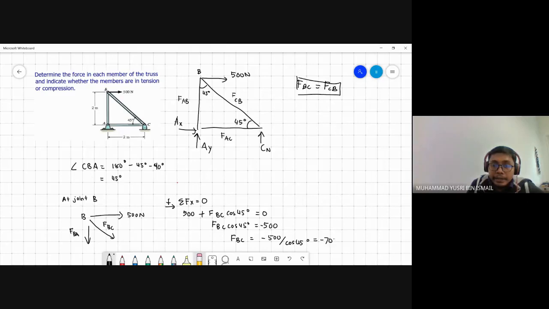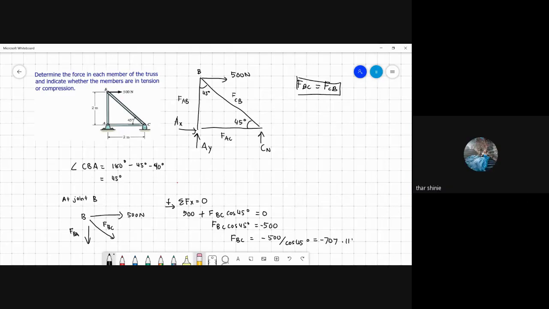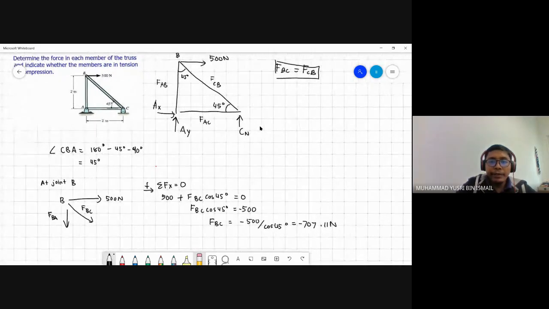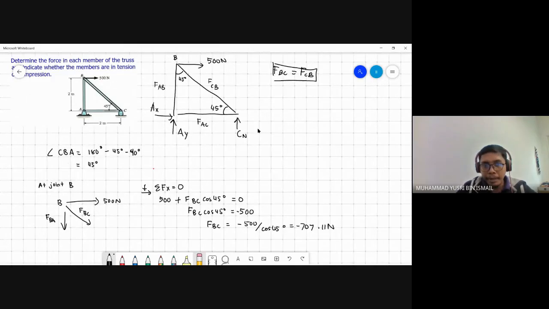Sir, why is the force at x upward? Why upward? It's just an assumption. You can assume the direction either upward or downward. If your assumption is in the opposite direction, I don't want to say wrong, it's not wrong, your answer will be negative.